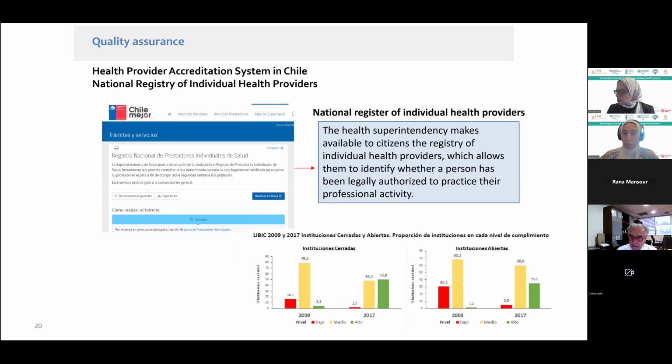That means that the people who give this kind of treatment have the register as specialists and the qualified condition, in order to assure the people that the professionals who give the treatment are under control and have the qualified registration for each one of the specialties.